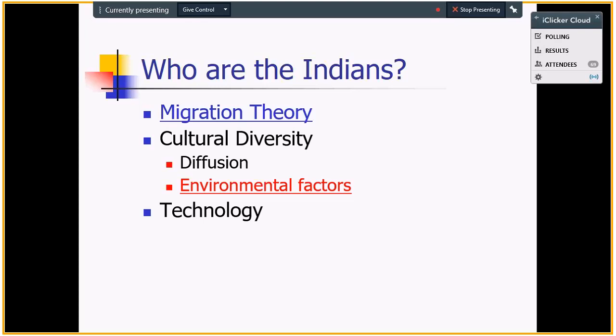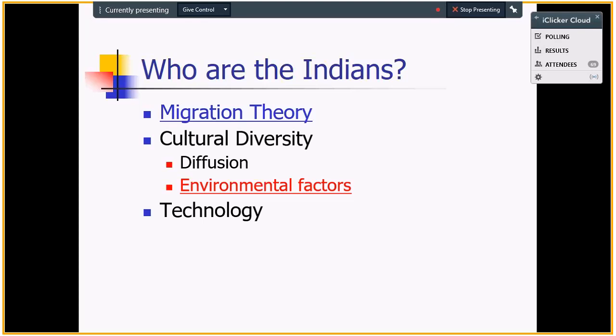So when Columbus gets here in 1492, he encounters Native American Indian cultures that are Stone Age when compared to Europe. The American Indians hadn't learned how to smelt metals yet to make bronze or iron.